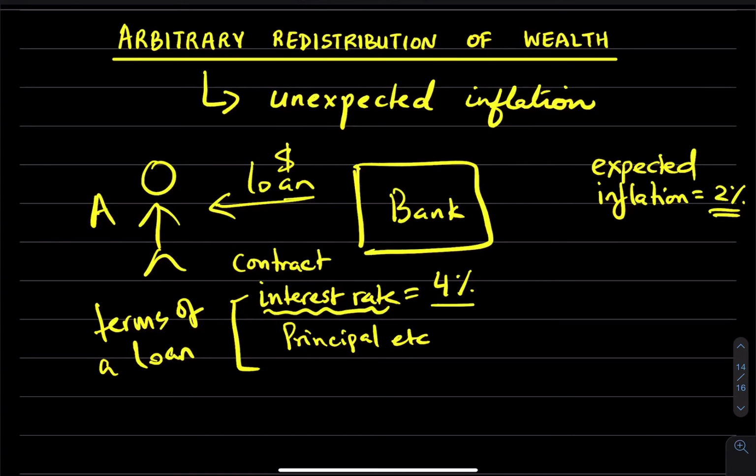So they made this contract today expecting inflation to be 2% tomorrow. Okay, but now if tomorrow comes and actual inflation is 5%, then the real interest rate is lower for the bank, right? They're not making as much.